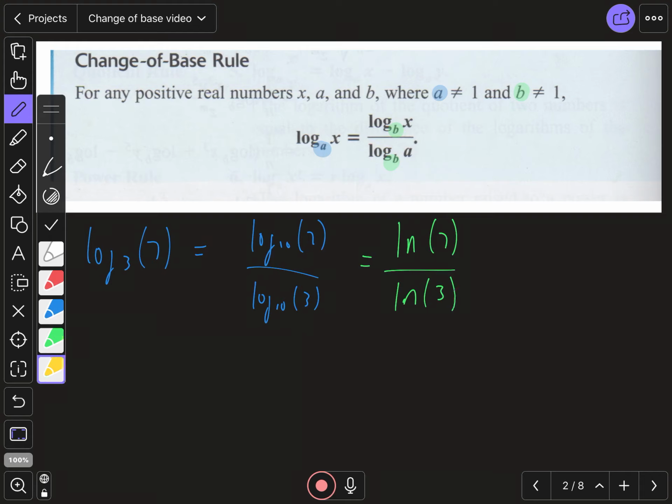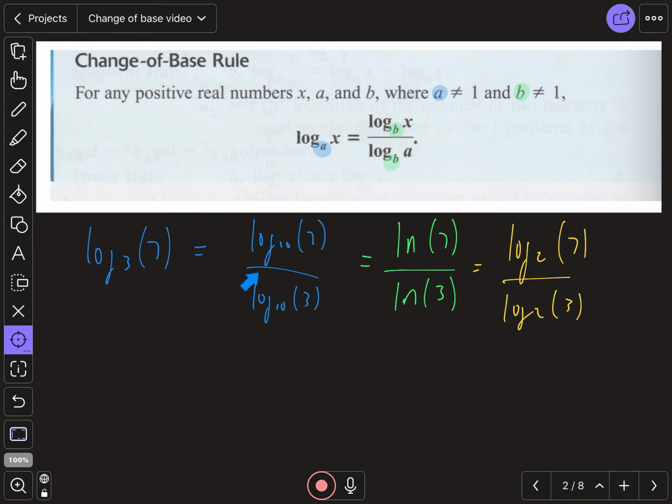And if for some reason we really wanted to, we could also rewrite it as log base 2, or any number, as long as that number wasn't 1, of 7 over log base 2 of 3. So these all would work. It's just that these two are ones that we have access to in our calculator. So we generally change it to common log or natural log because this is not something that's easy to type in the calculator, but it does work.